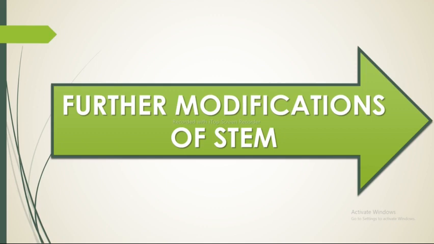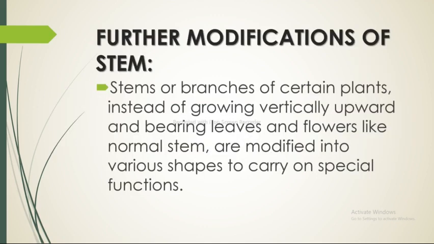Today I will discuss the further modifications of stem. Stems are branches of certain plants. Instead of growing vertically upward and bearing leaves and flowers like a normal stem, they are modified into various shapes to carry on special functions.